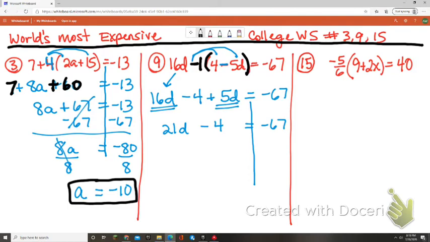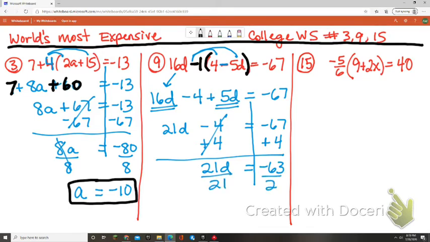I'm left with a 2-step equation. So in 2-step equations, we need to undo addition or subtraction first. So we are subtracting 4 on the left side, which means to undo that, we will add 4 to both sides. And that leaves us with 21D equals negative 63. And then I'm going to divide both sides by 21.